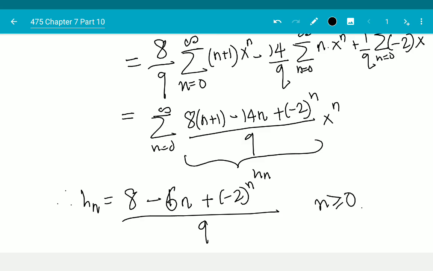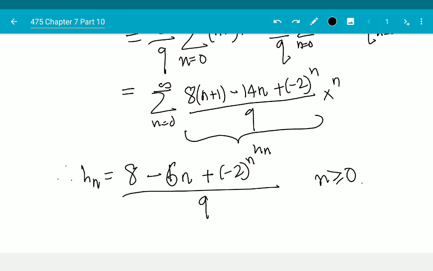And this does indeed satisfy my initial conditions of h of 0 is equal to 1, h of 1 is equal to 0, and h of 2 is equal to 0. Okay, so this is how you solve using generating functions.